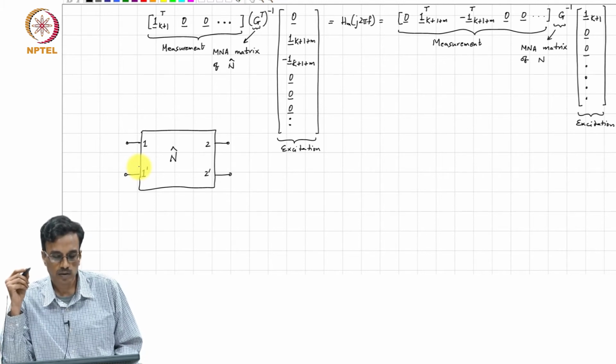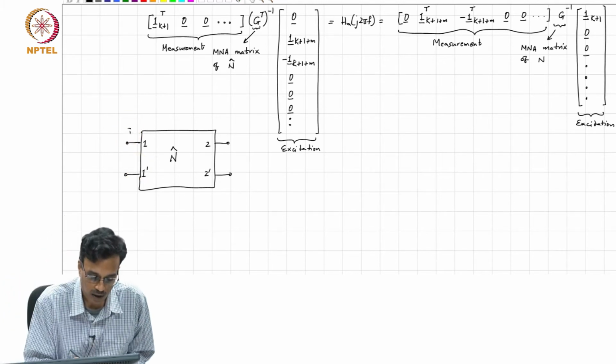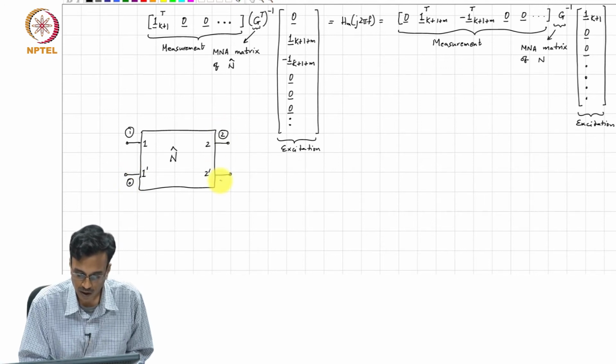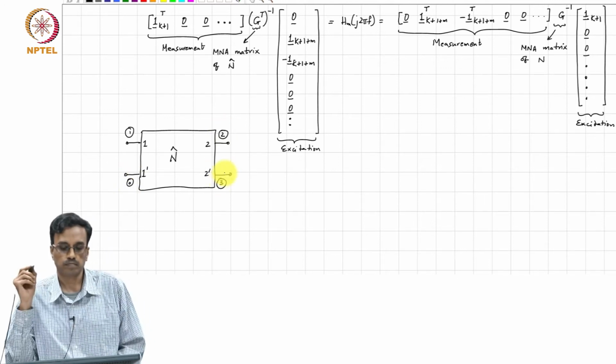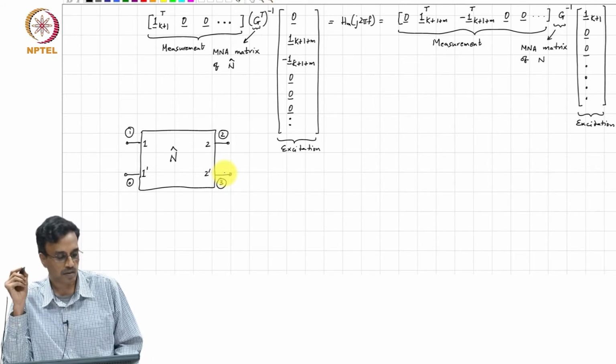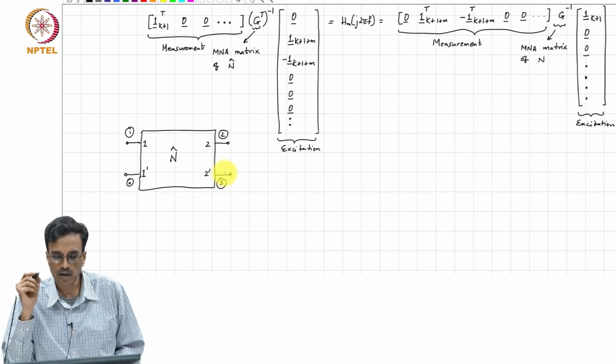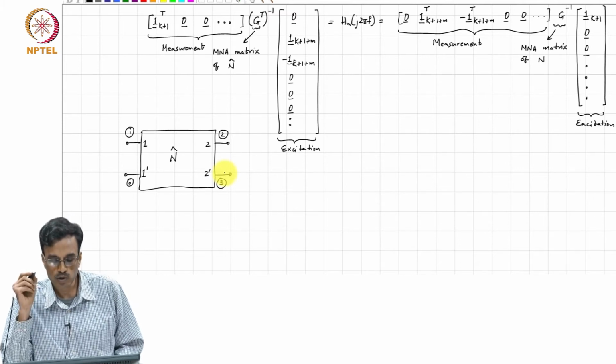The output. So, this is node 1, this is node 0, this is node 2 and this is node 3. The excitation is between nodes 2 and 3, and what is the frequency of excitation?